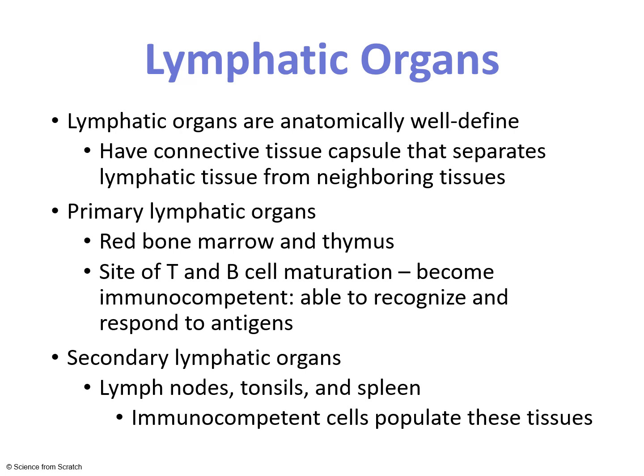And then we have secondary lymphatic organs, which will be where the mature cells will travel to and can be found. But these organs will be like other organs, and they will have a connective tissue capsule that surrounds the lymphatic tissue and separates it from the neighboring tissues.